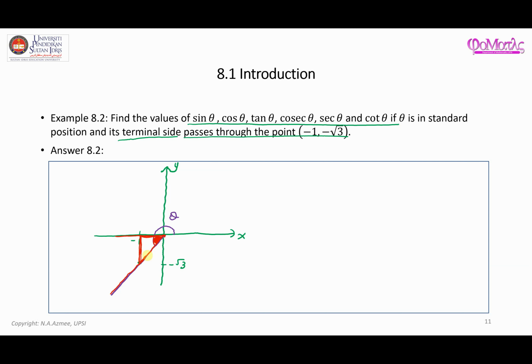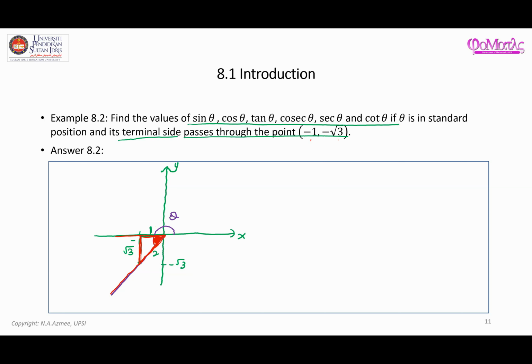Based on the points given here, the length of this must be root 3, and the length of this one must be equal to 1. Again, using the Pythagoras theorem, the length of the hypotenuse must be 2.